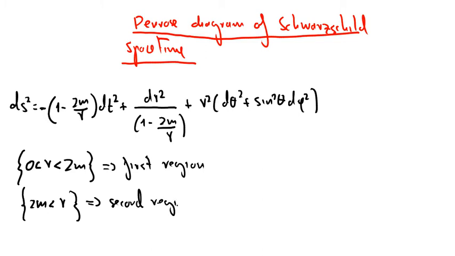Because r equal to M is a coordinate singularity. This is very well known. So what this means for us is that we need to construct Penrose diagrams for each of these regions, okay?